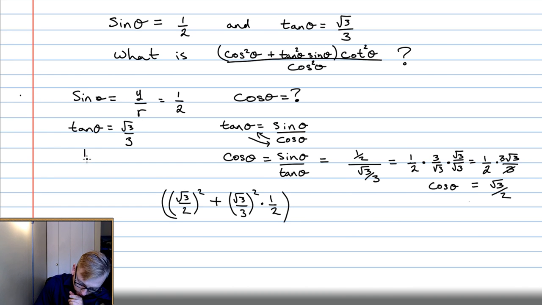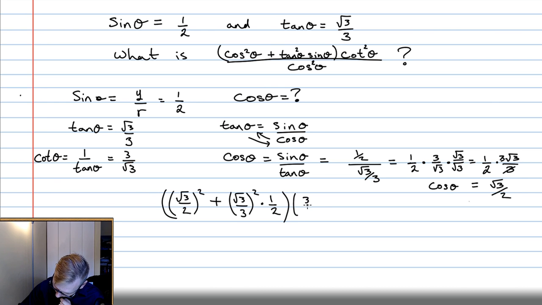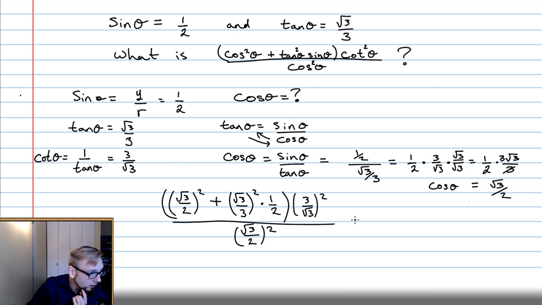So then 1 over tan theta is 3 over root 3, right? Then that's also squared. So cotan theta is 3 over root 3 squared. And then we've got cos squared on the bottom. And cos squared is root 3 over 2 quantity squared.